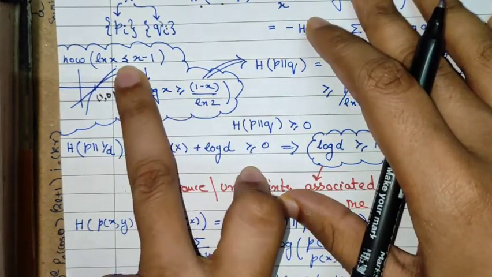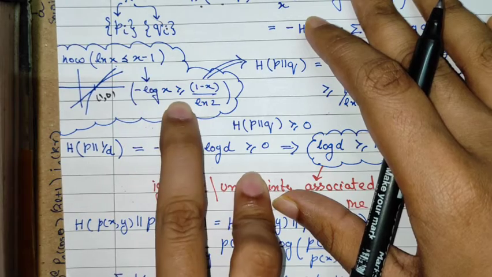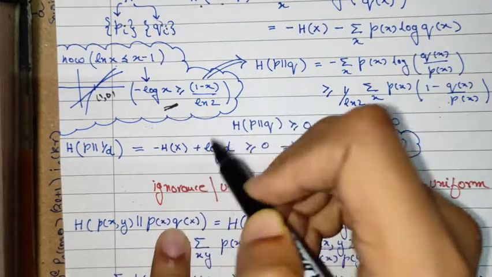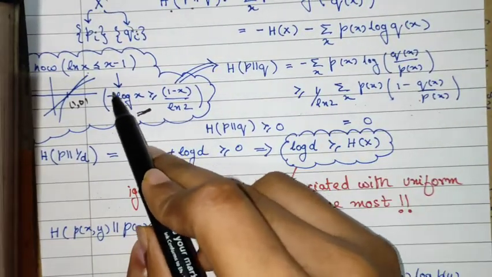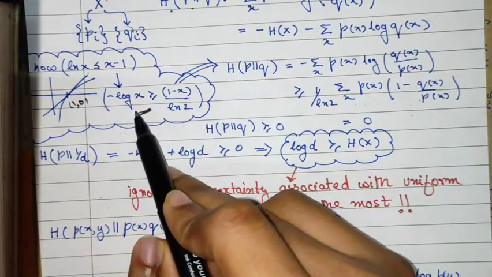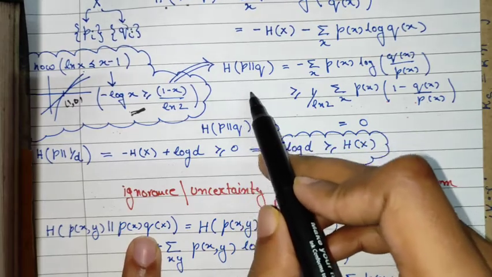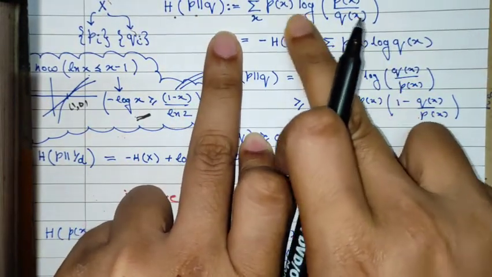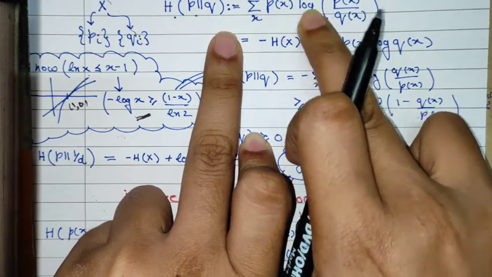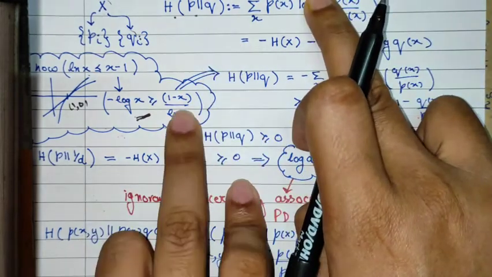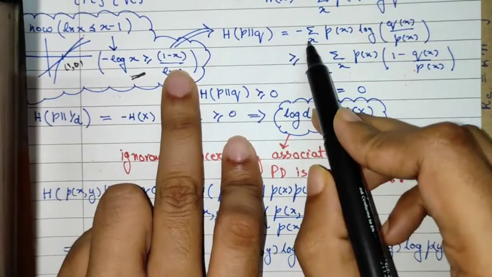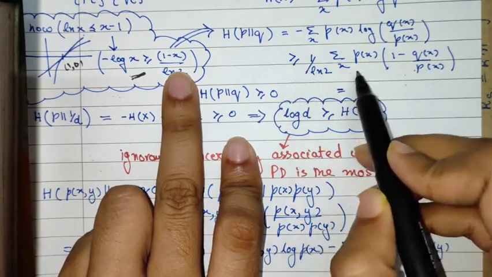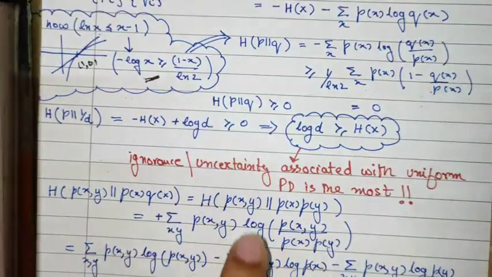So we can use this inequality in the expression, replacing the log x by this, and we see that this is greater than or equal to this entire thing.